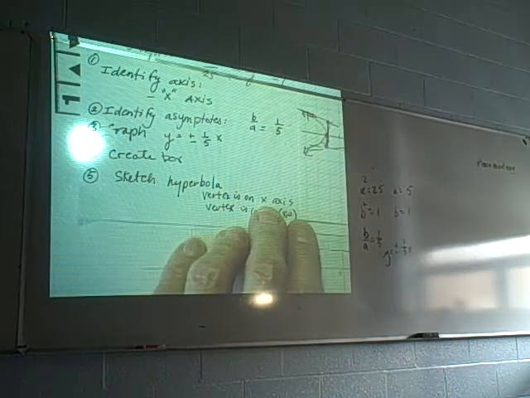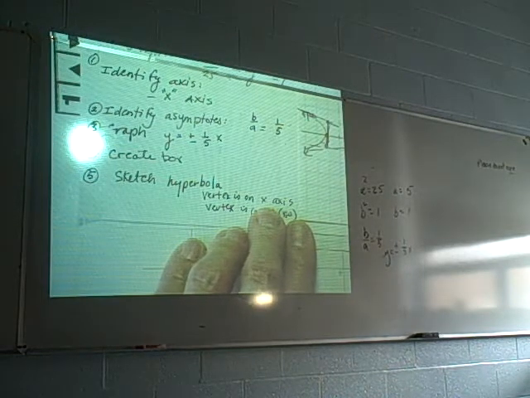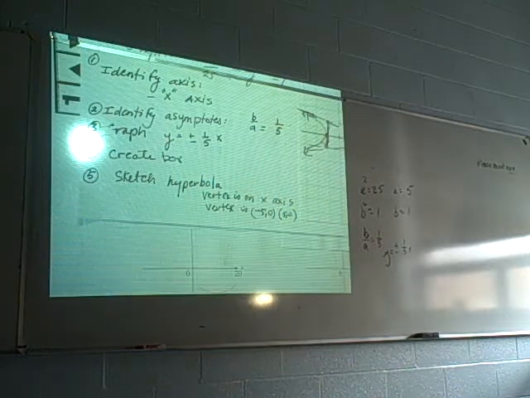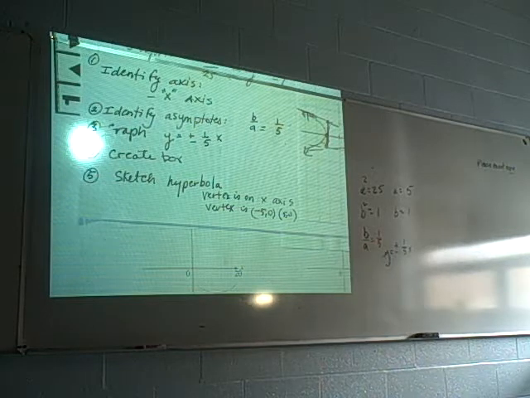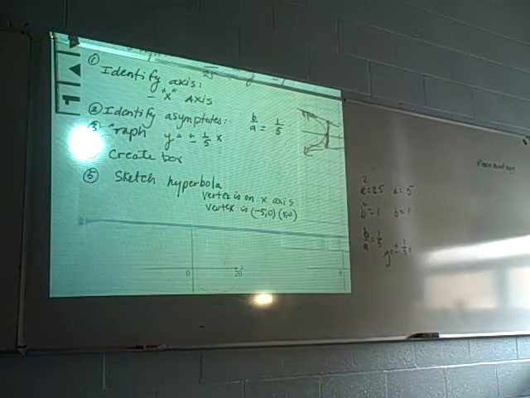We don't have the foci on there, do we? No. You don't have to do it like this, and you can graph them without it, that's fine, but it helps you to be accurate. If you choose not to, I'll look to see how accurate you are.